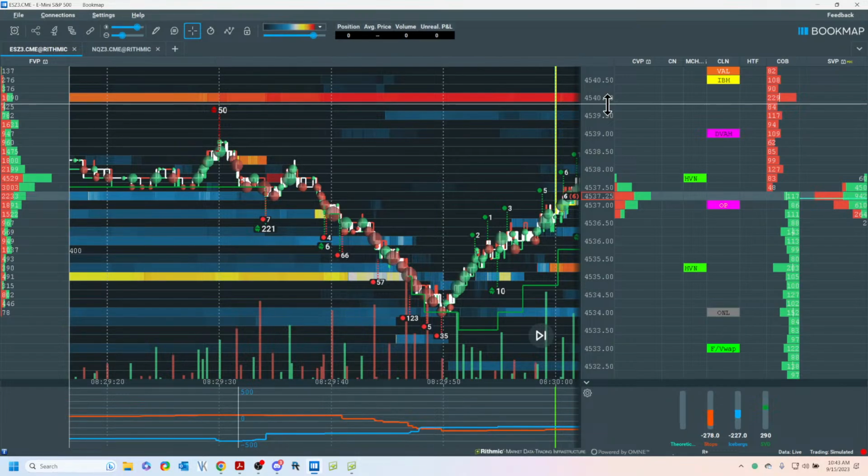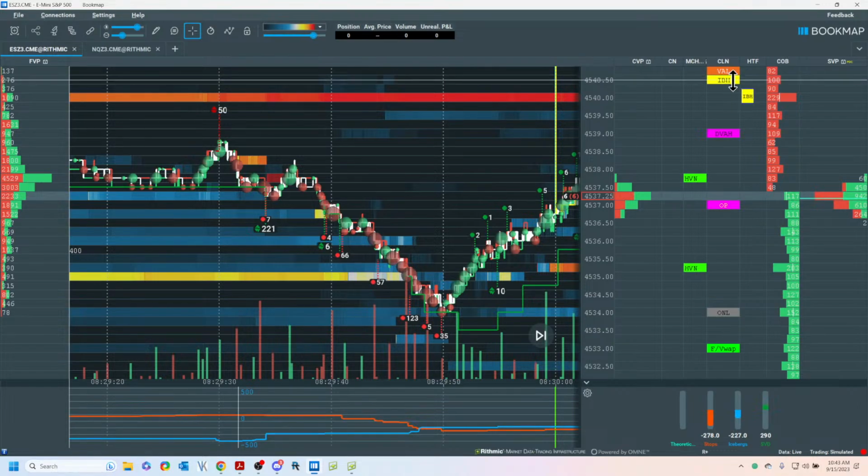The overnight volume point of control, which is the highest volume in the ETH, has an 83% probability. The overnight mid has an 83% probability. The previous close, not likely, 72%. And the previous value area low, 71%.